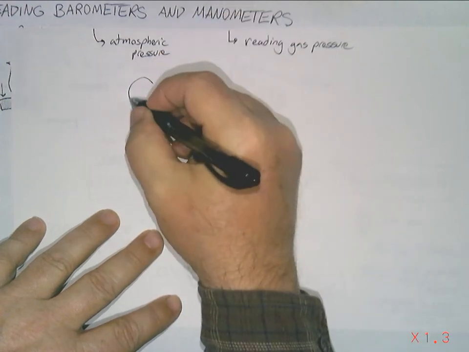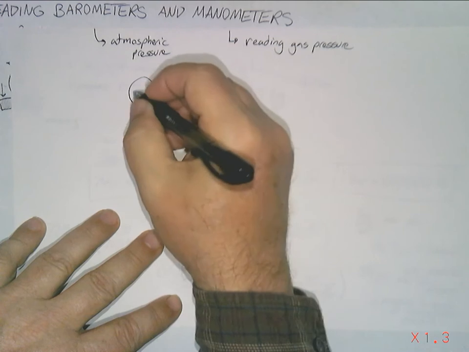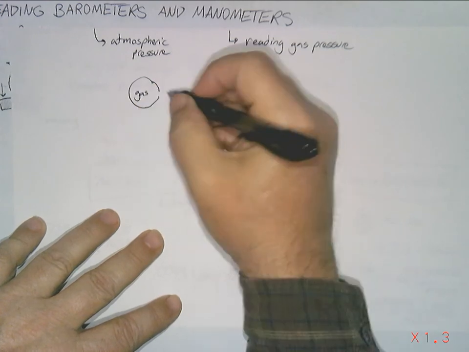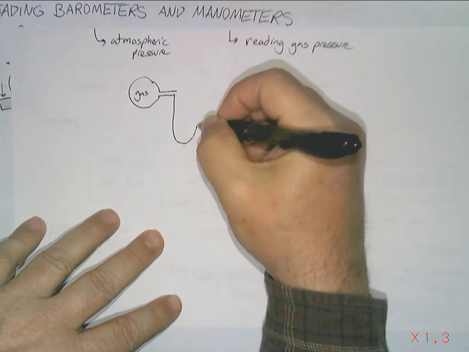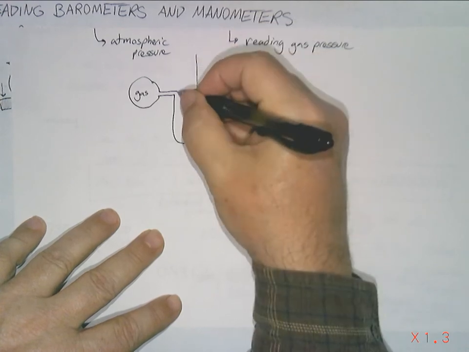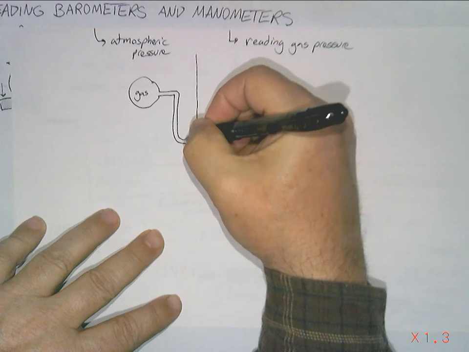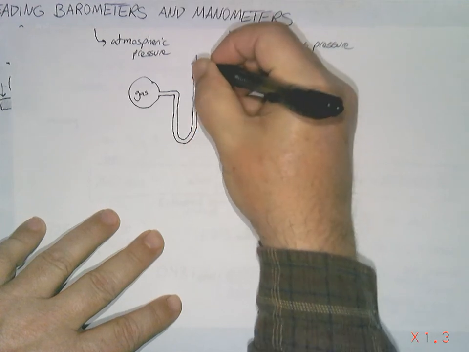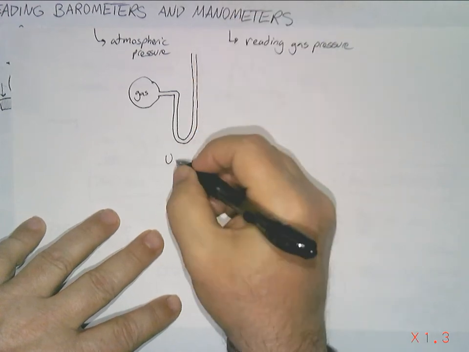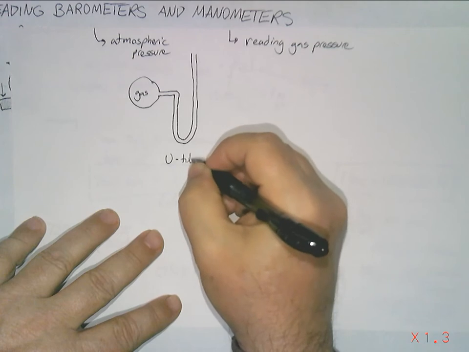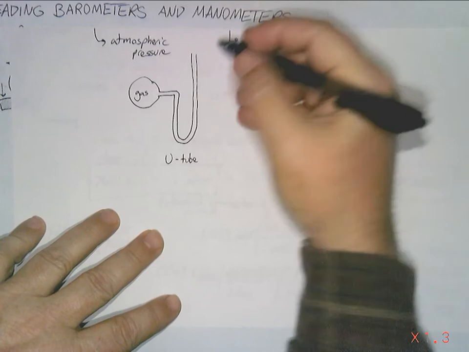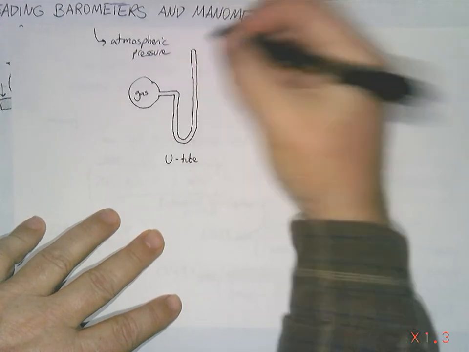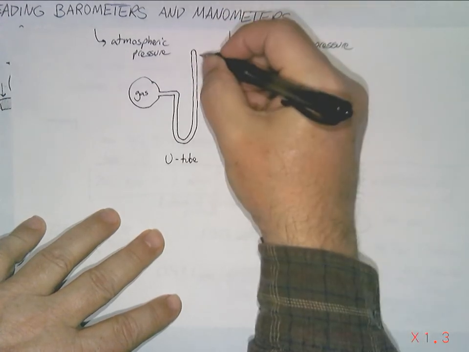Suppose I've got some gas trapped in a little bulb here. I hook it to a little U-tube. And I mean U-tube. And the end of that U-tube, if it's closed, I call this a closed manometer.